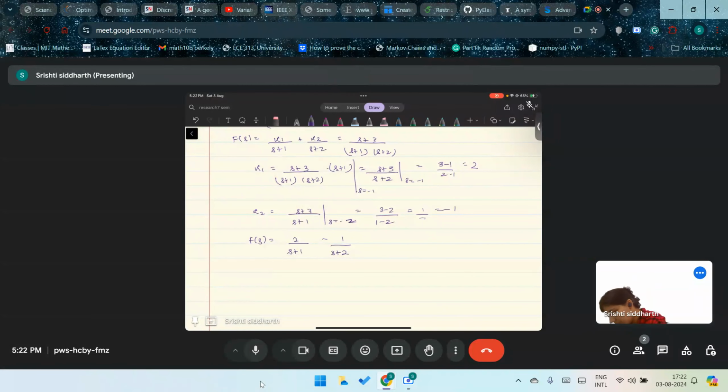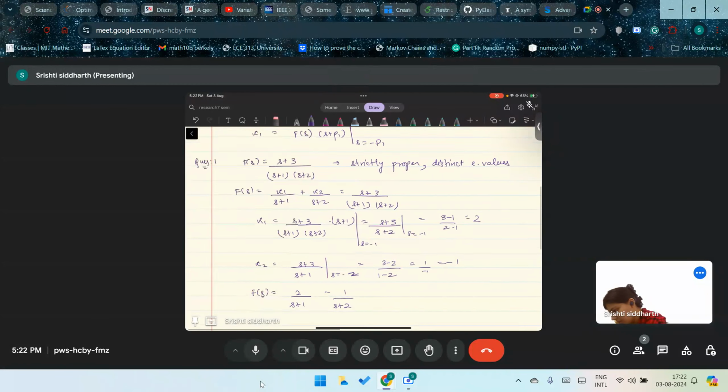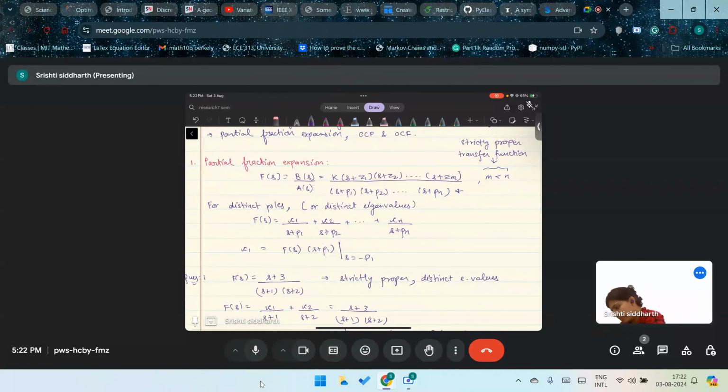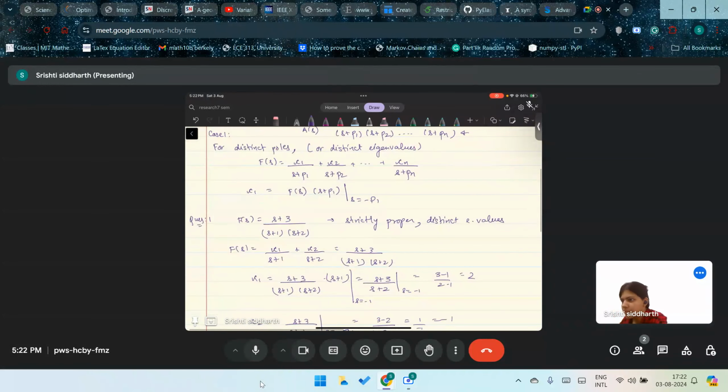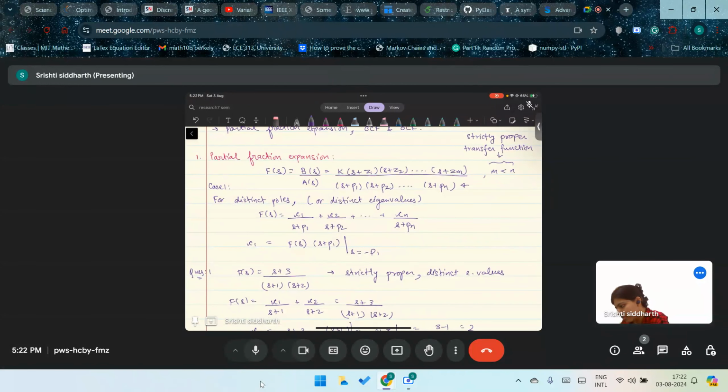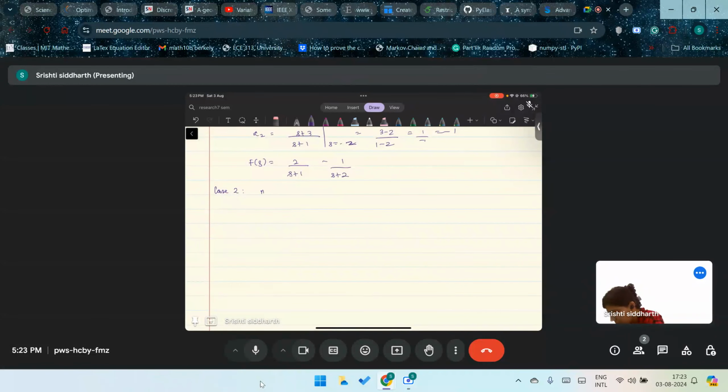This was case 1, and now case 2, where m is equal to n. Let's take an example.